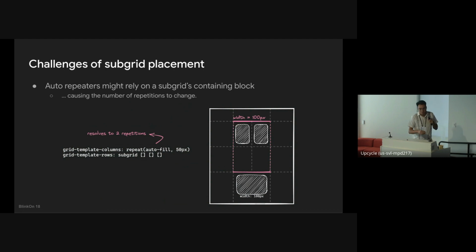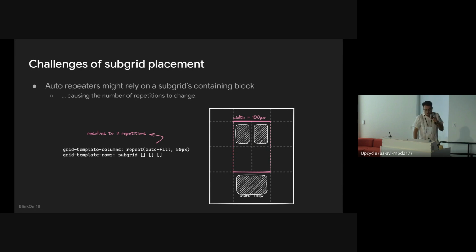And if we recompute the number of automatic repetitions for that subgrid, we would possibly end up with a different value. In this case, since the containing block changed to 100 pixels, the resolved outer repetitions would change to 2, which could trigger a lot of discrepancies between how we size the rows.